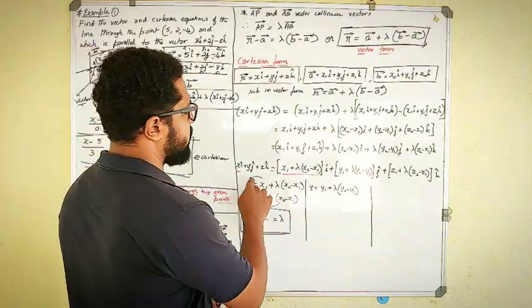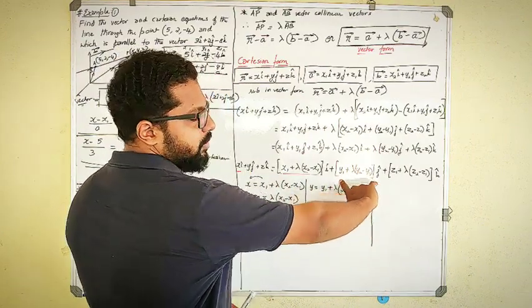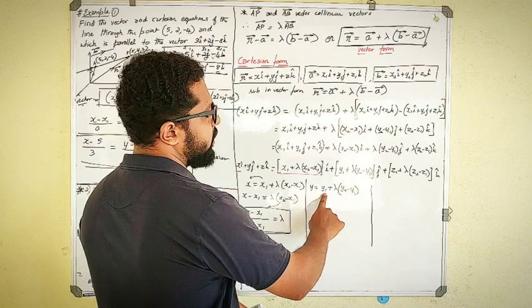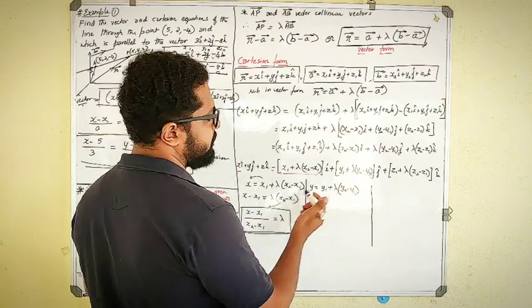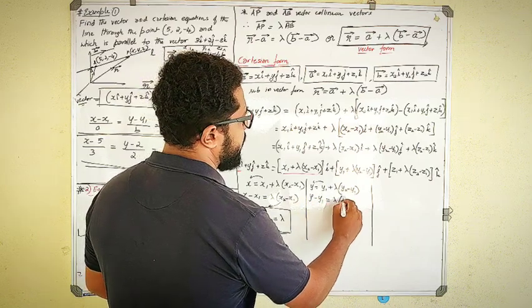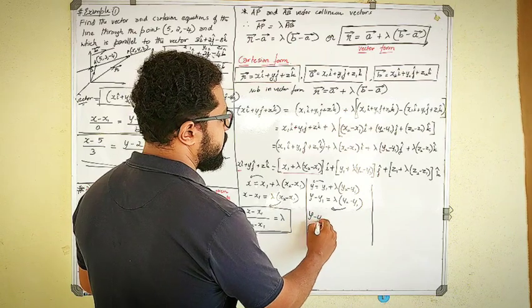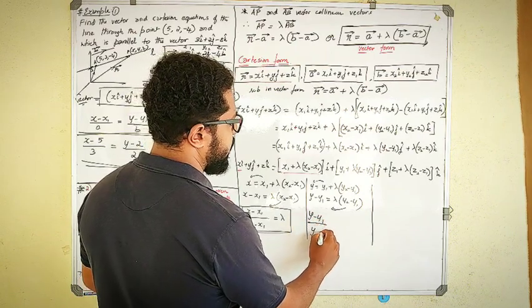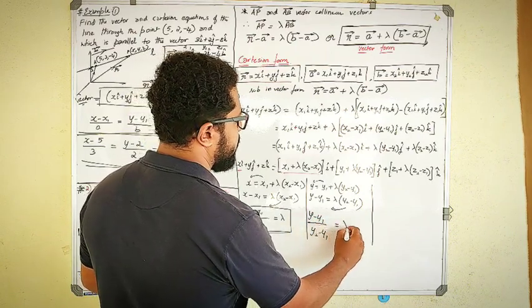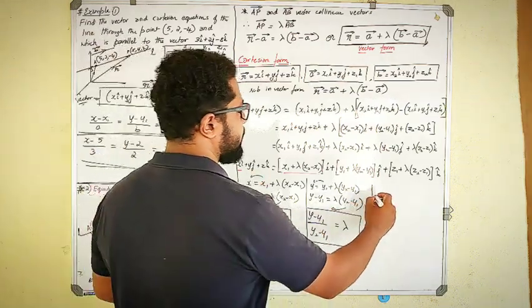The second one is also the same way. So y is equal to this component, that is j's component. Y is equal to y1 plus lambda into y2 minus y1. Shift it. Y minus y1 is equal to lambda into y2 minus y1. Then again denominator, y minus y1 divided by y2 minus y1 is equal to lambda. Fine. Then the same way the last one as well.